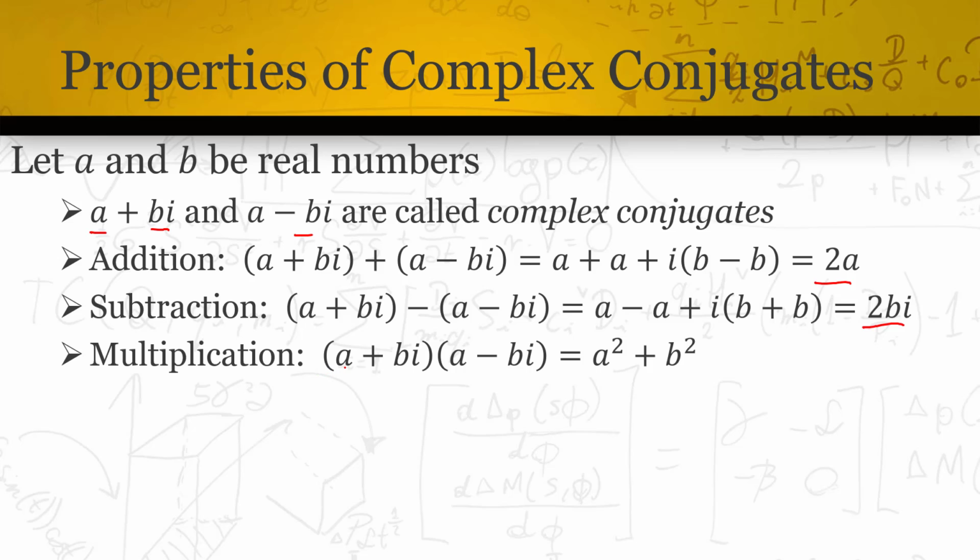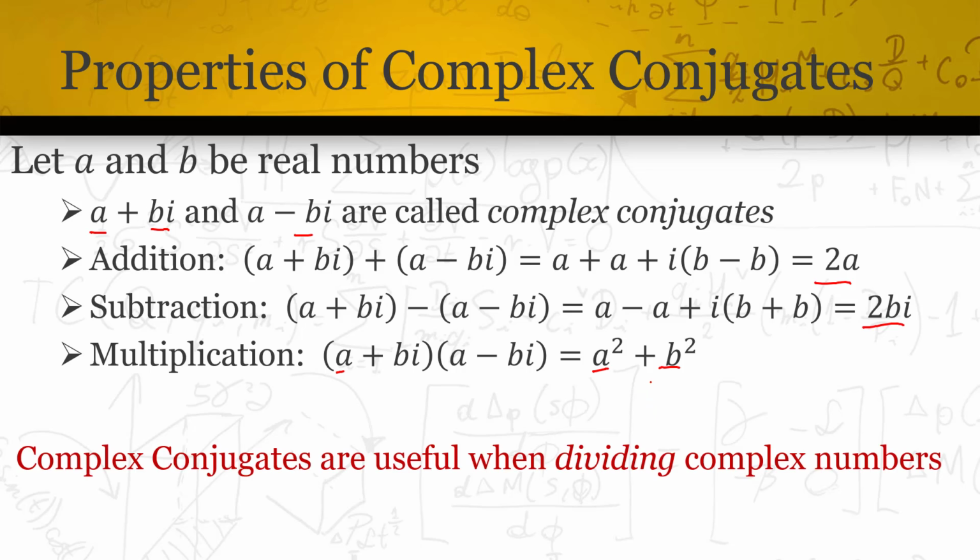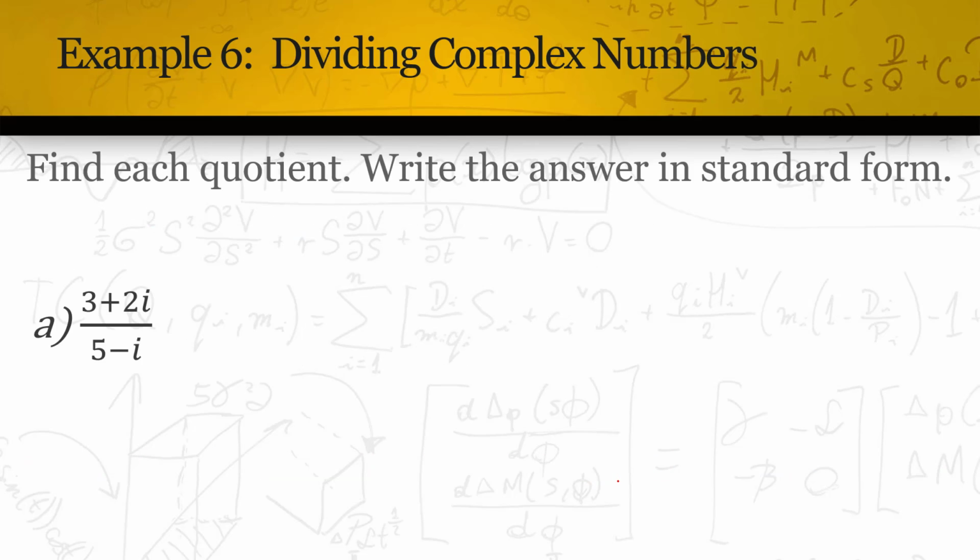If you have a complex number multiplied by its complex conjugate, the answer is going to be the square of the real part plus the square of the imaginary part. And once again, these are useful when you are dividing complex numbers, which brings us to our next problem.